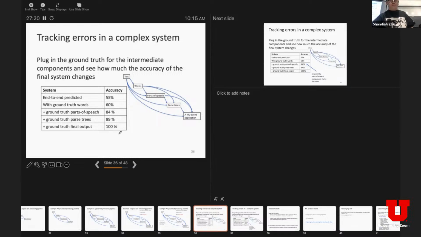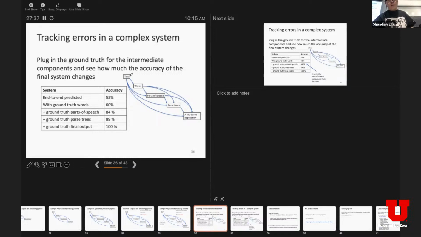For example, if we plug in all the ground truths in every component, my accuracy should be 100, right?